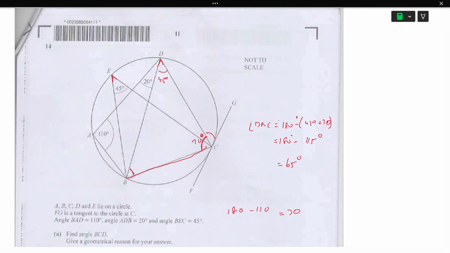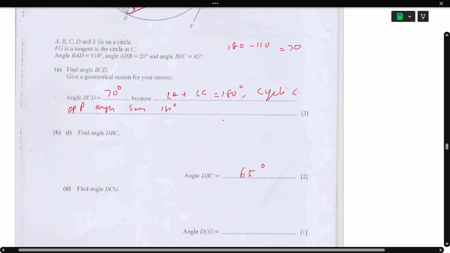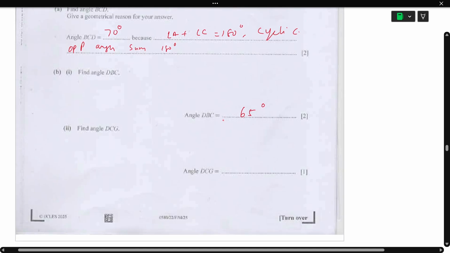We need to find this angle. These two angles are equal. This is 65, as we said. Here also it is going to be 65, because they are alternate angles.